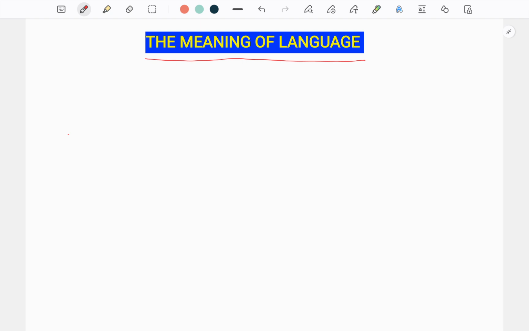So at first I will discuss a very famous quotation given by Roman Jacobson.